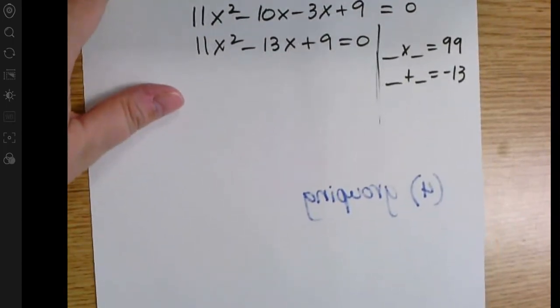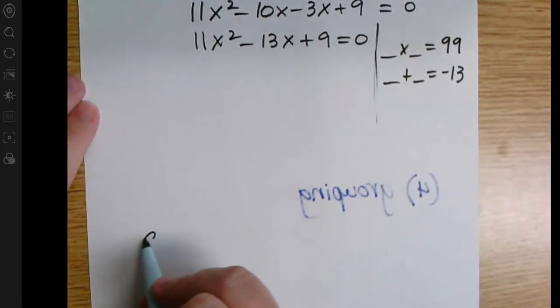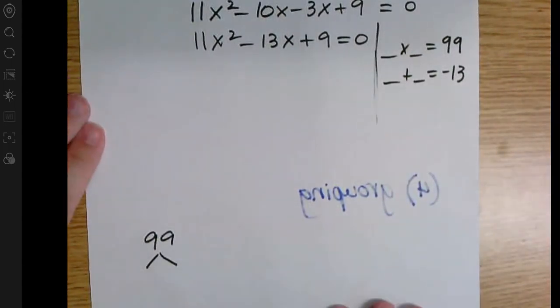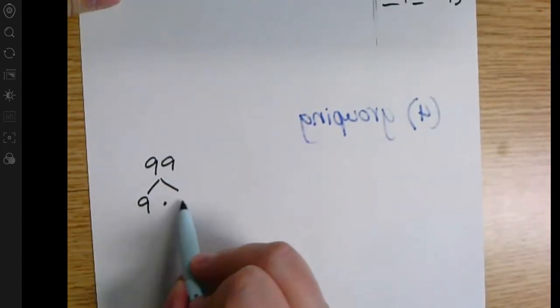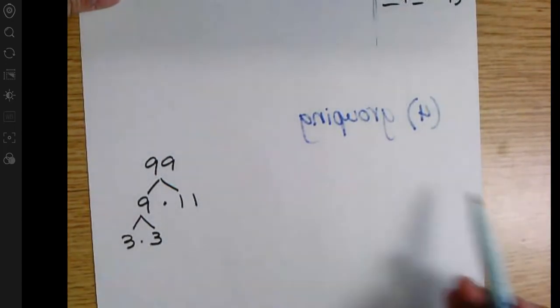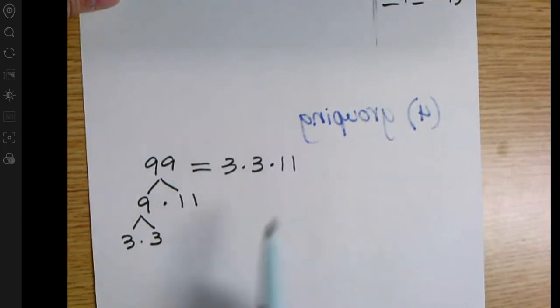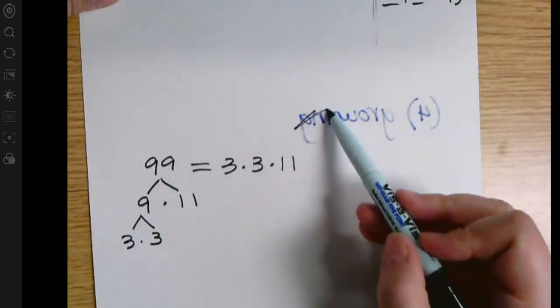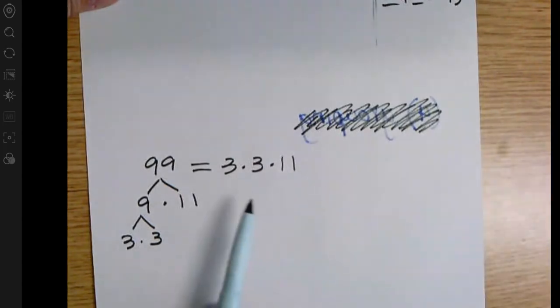Okay, so I'm going to take 99 and think about factors of 99. I'm going to make myself a factor tree. 9 times 11. Okay, 9 is 3 times 3. So the prime factorization of 99 is 3 times 3 times 11, because all of those are prime numbers. Now here's the deal about that. If you find the prime factorization, every set of factors comes from combining things that I could put together here.